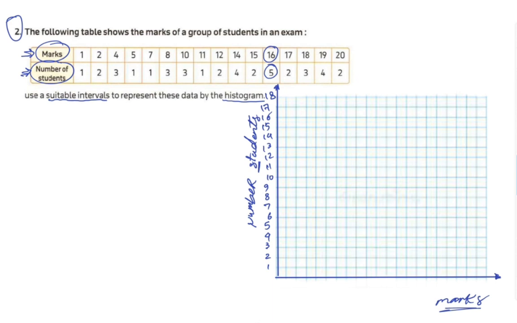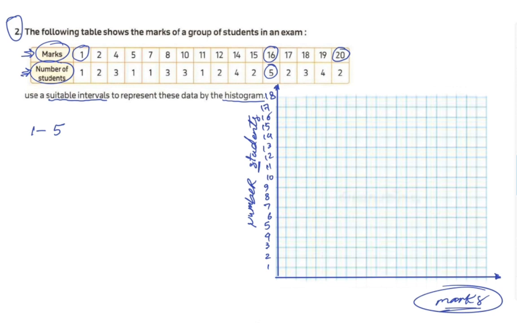About the mark on the x-axis, you need to find the suitable interval. I have marks starting from 1 and the maximum 20, from 1 to 20. To divide them into intervals, any suitable interval. May I start from 1 to 5?